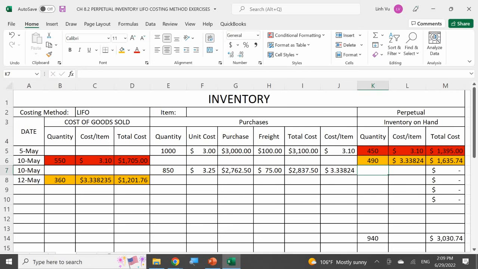Now, how do I know if that's accurate? Once again, do your calculations separately on the inventory worksheet, on the inventory section right here. If I take 850 minus my 360, I'm going to get that same exact answer of 490. And then again, I could take my 2837.50 minus that 1201.76, and you should get an answer ending with 74 cents.